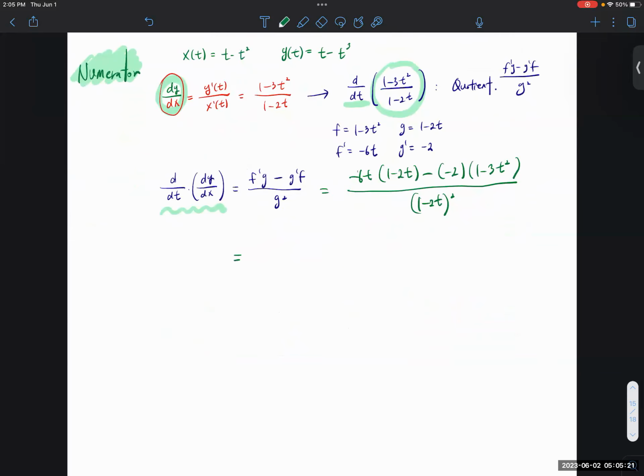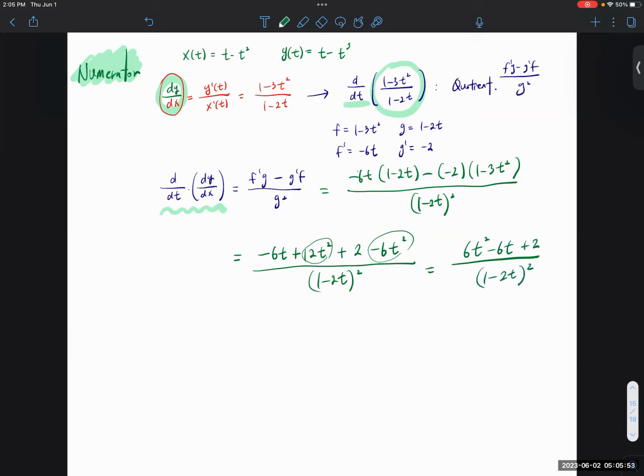Let me simplify. Many distributive properties: negative 6t plus 12t squared, double negative changes to positive, plus 2 minus 6t squared, over (1 minus 2t) to the second power. We can simplify by combining like terms: 6t squared minus 6t plus 2, over (1 minus 2t) to the second power. Okay, that's your numerator work.